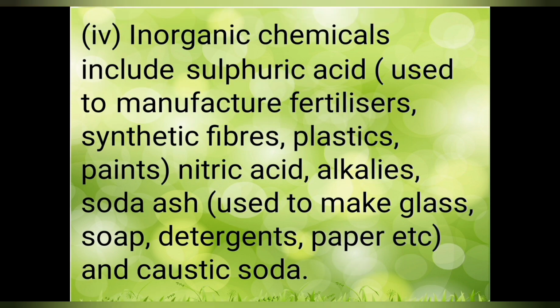First point, inorganic chemicals produce sulfuric acid, nitric acid, alkalis, soda ash and caustic soda. Sulfuric acid is used to manufacture fertilizers, synthetic fibers, plastics and paint, and soda ash is used to make glass, soap, detergent, paper, etc. Don't forget this point.